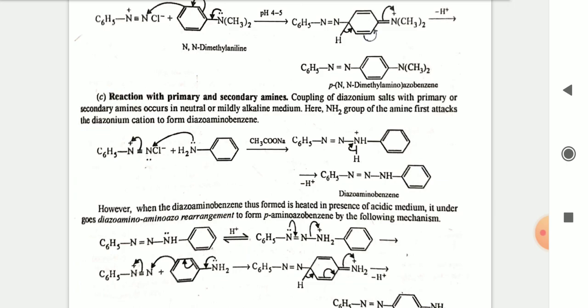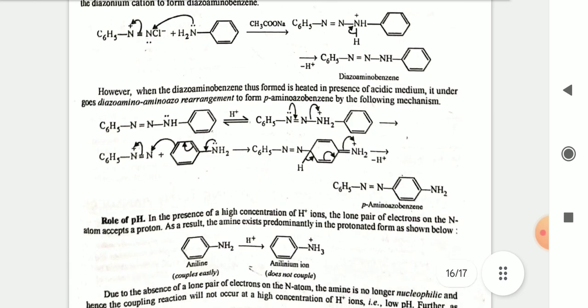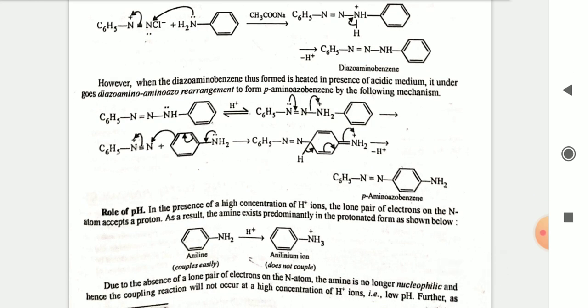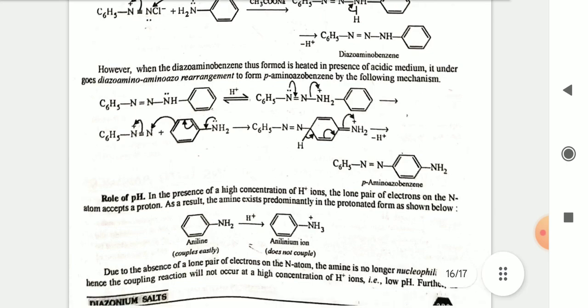Here, the NH2 group of the amine first attacks the diazonium cation to form diazoaminobenzene. However, when the diazoaminobenzene thus formed is heated in the presence of an acidic medium, it undergoes diazoamino-azo rearrangement to form p-aminoazobenzene by the following mechanism.